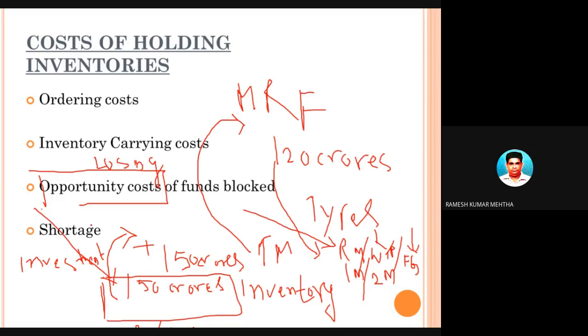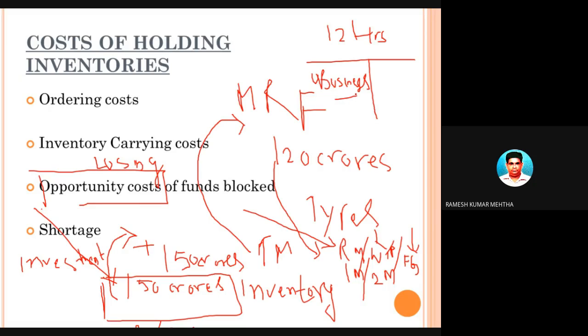For example, what do you mean by opportunity cost? Suppose you have 12 hours at your disposal throughout the day. Now you are spending time in a particular business where you are employing your energy and your time.